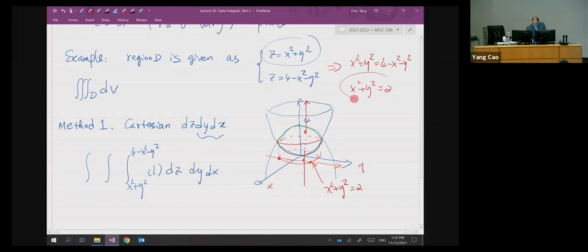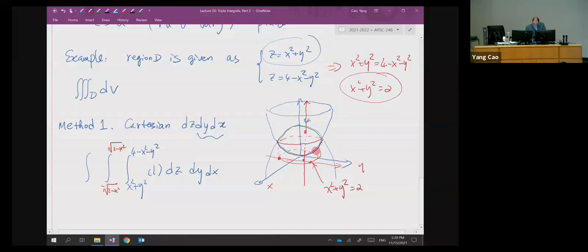And that is determined by the shadow equation. So Y min is a negative expression, Y max is a positive expression, and not a number. So your expression here is negative square root of 2 minus x squared to positive square root of 2 minus x squared. Okay, that's your Y min and Y max.